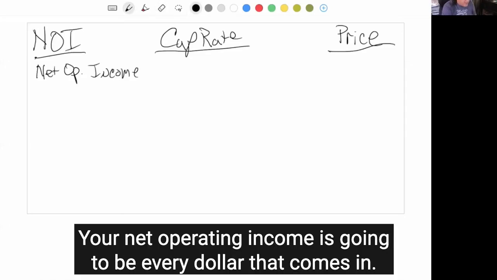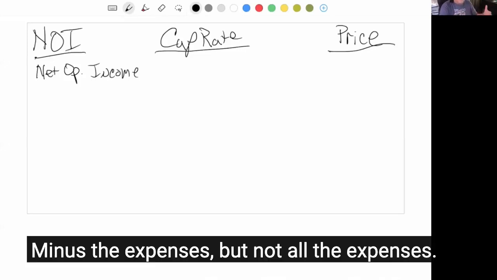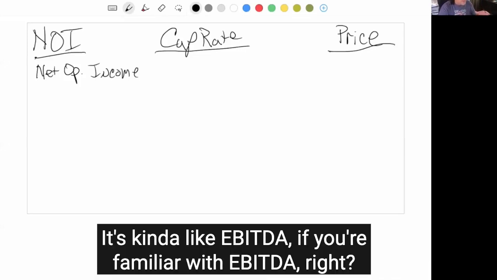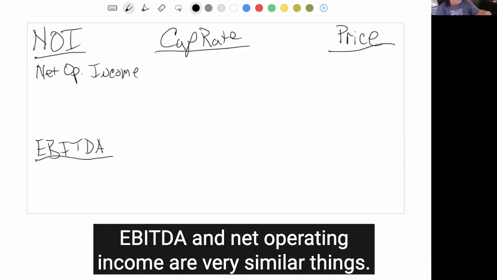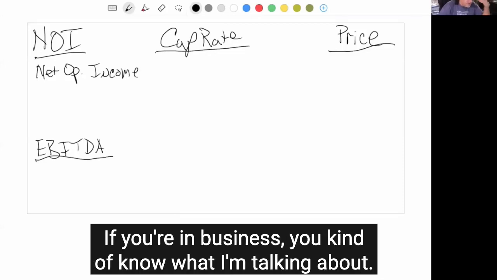Your net operating income is going to be every dollar that comes in minus the expenses, but not all the expenses. It's kind of like EBITDA, if you're familiar with EBITDA. EBITDA and net operating income are very similar things. If you're in business, you kind of know what I'm talking about.